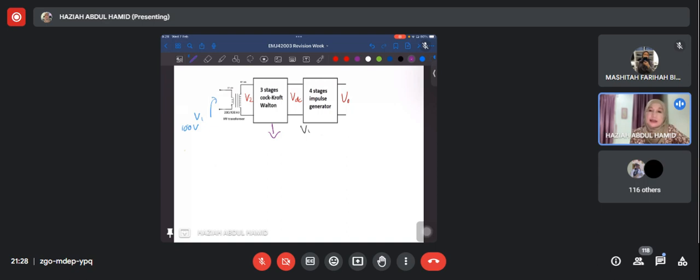So what is the output voltage of the 3-stage Cockcroft-Walton? What is its equation? Quick, answer fast if you want to sleep early.